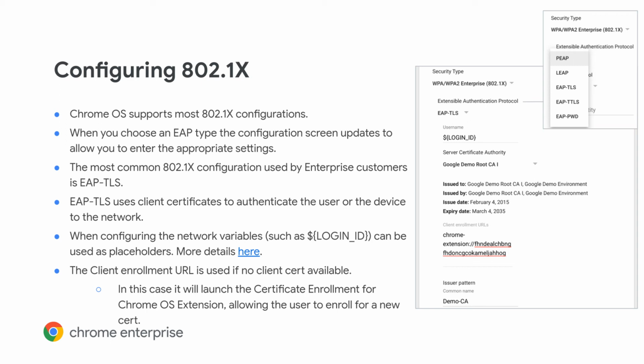And what this does is that once the user tries to log into a network that is protected by EAP-TLS, the certificate extension will automatically launch, and then the user can enter their Active Directory details and apply for a certificate that way. And doing that will make sure that the certificate is obtained and imported onto the device. And after that, the user can successfully authenticate onto the network.